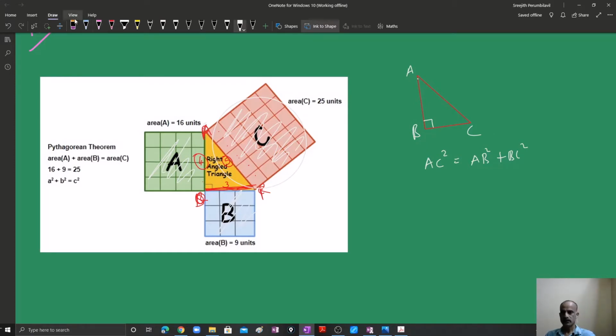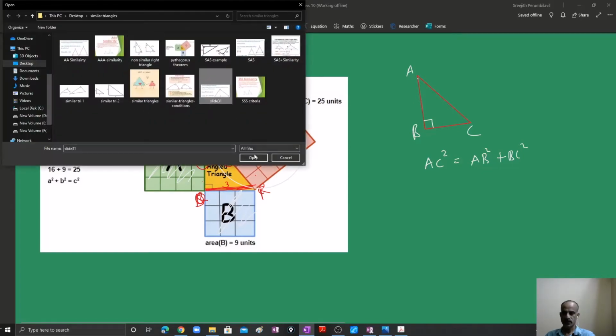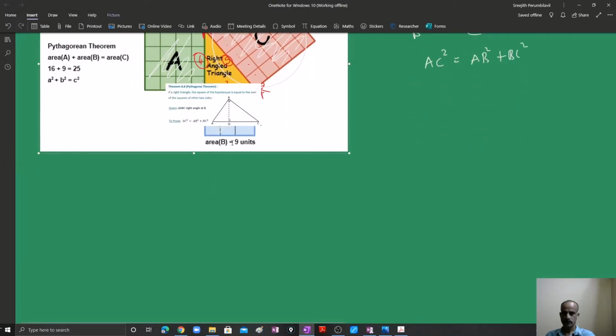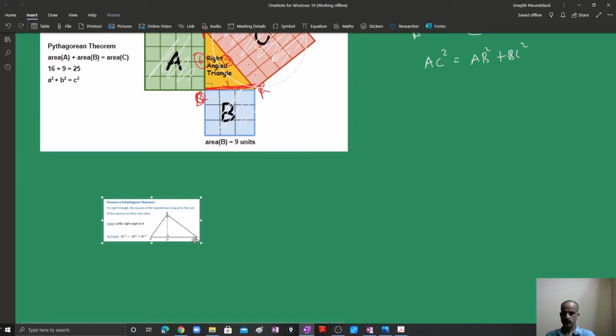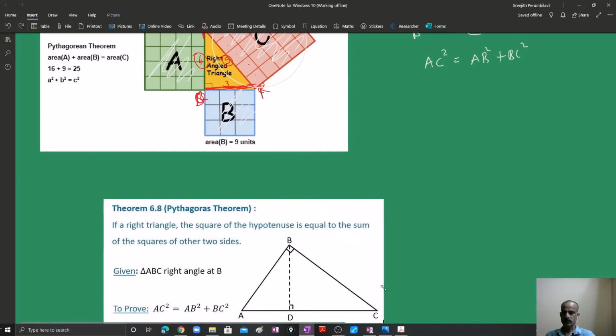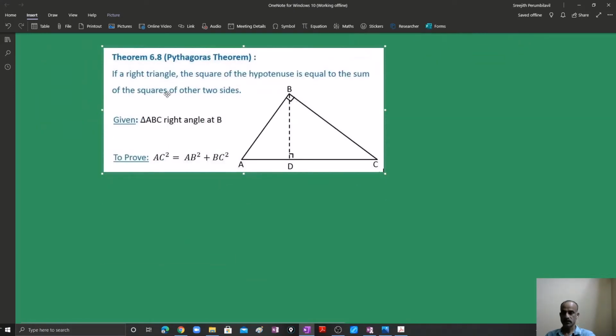Right, let us put up the statement for that. Here goes the statement for Pythagoras theorem, Theorem 6.8 from your reader.